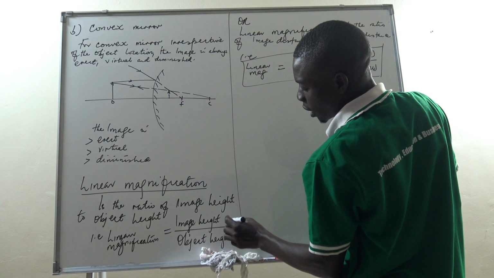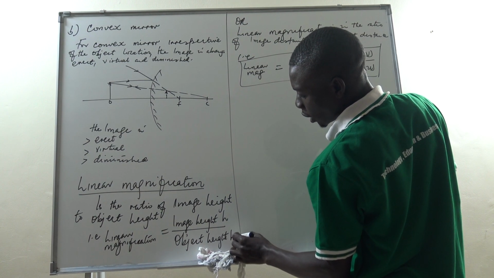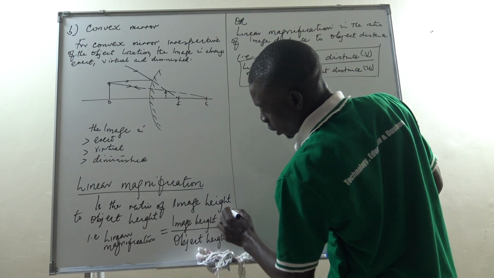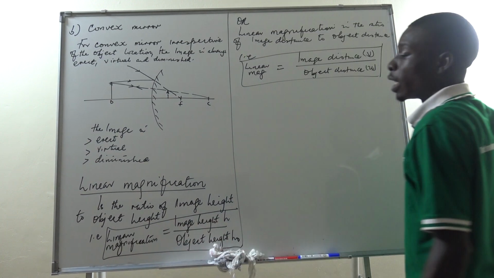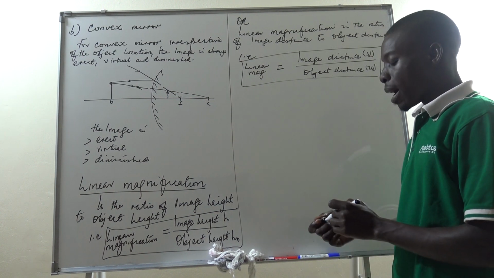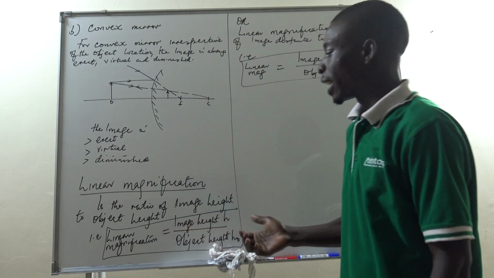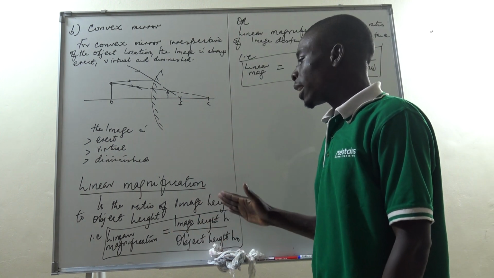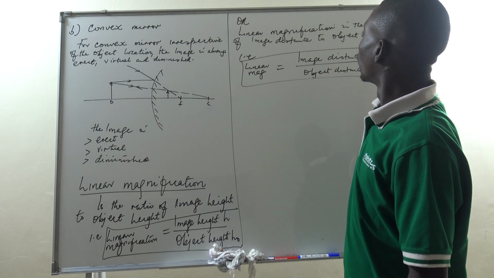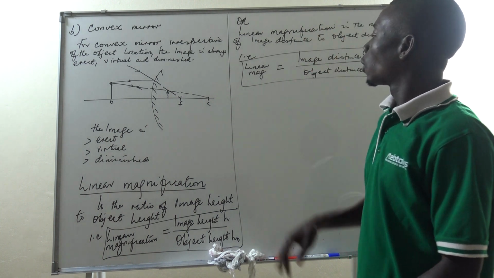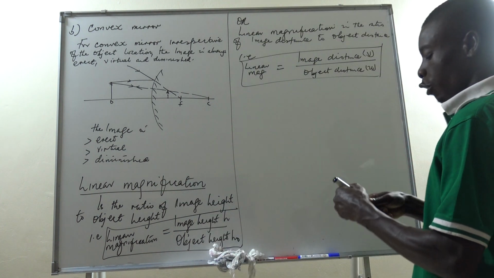Now here, if you're using notation, I can say H over H naught. That one is also what we are calling linear magnification. So if they ask you to define linear magnification, it can either be the ratio of image height to object height, or the ratio of image distance to object distance. That is the linear magnification.